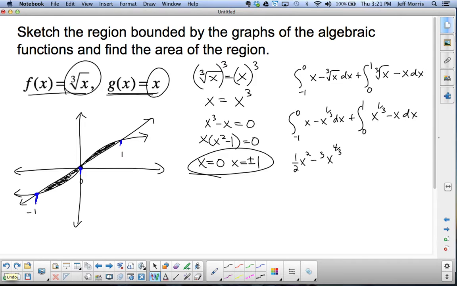Divide by that, you multiply by the reciprocal, 3/4, and that'll be evaluated from -1 to 0. Then plus, same thing here, 3/4 x to the 4/3 minus 1/2 x squared, evaluated from 0 to 1.